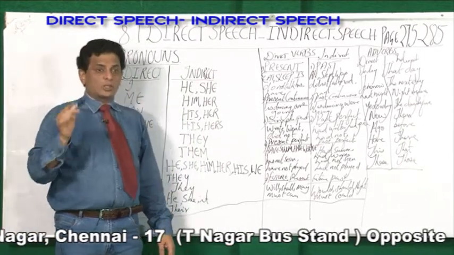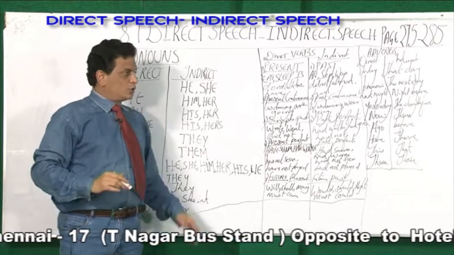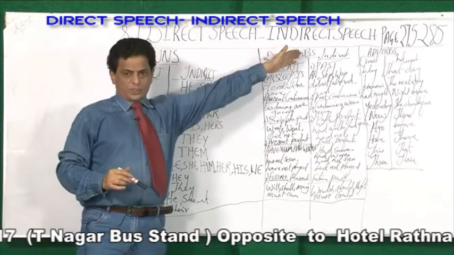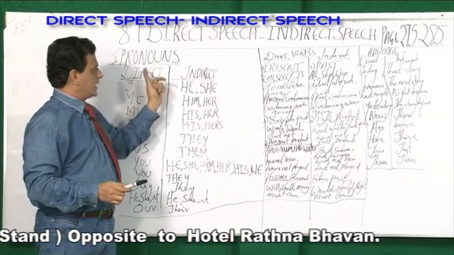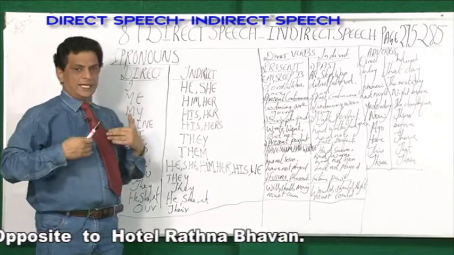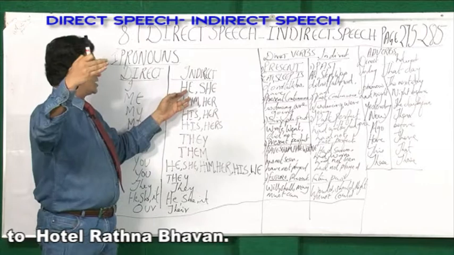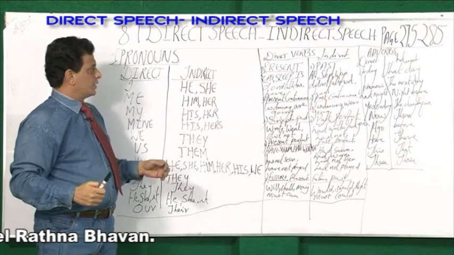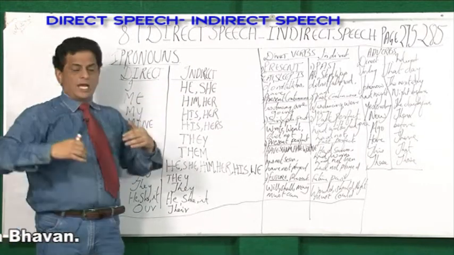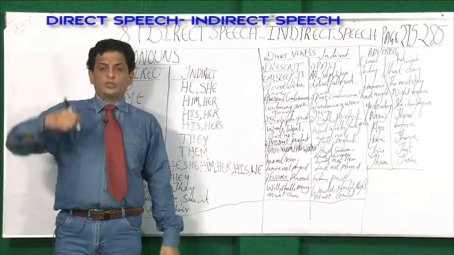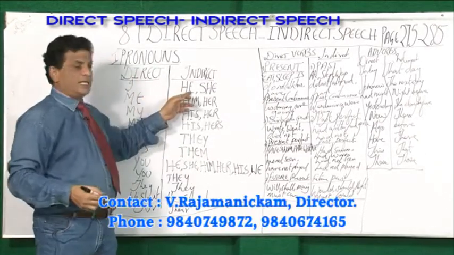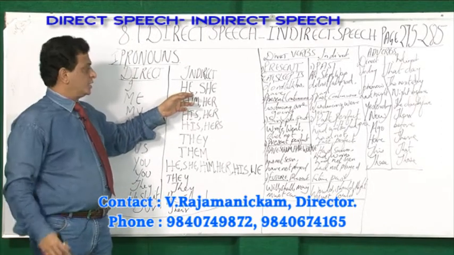Able to understand? So, there is a grammatical rule. To change direct speech to indirect speech, the first and foremost thing is that pronouns should change from direct to indirect. Suppose I say I, it changes into he or she in indirect speech. For example, if I say I am a computer engineer, you go and say, sir told that he was a computer engineer.